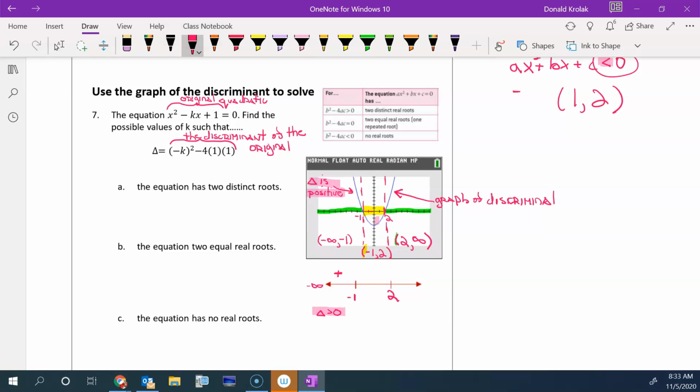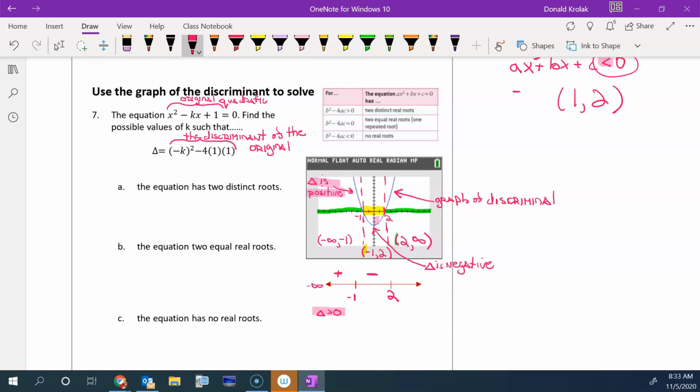So in between here, let's draw an arrow. In this interval, the discriminant is negative because the graph is negative. So between negative 1 and 2, I'm going to put a negative sign.